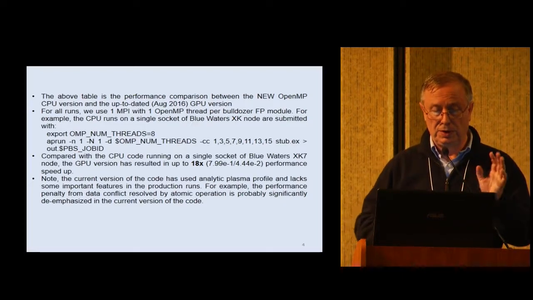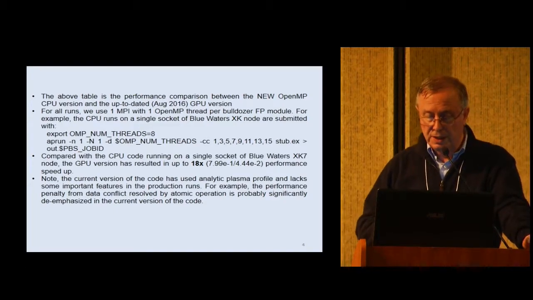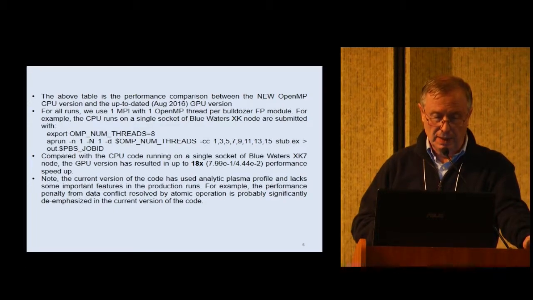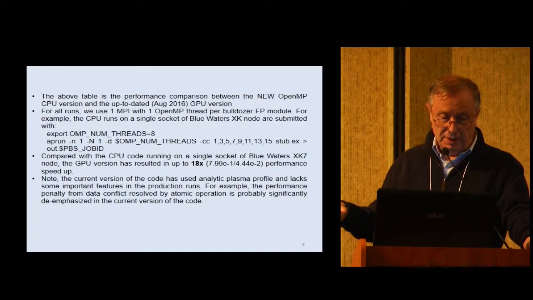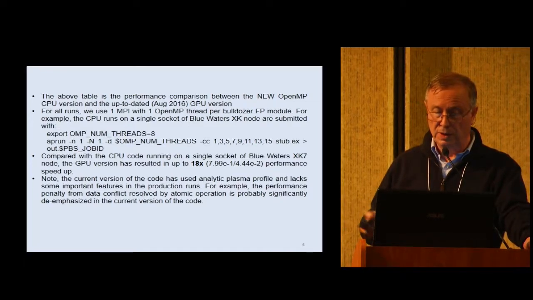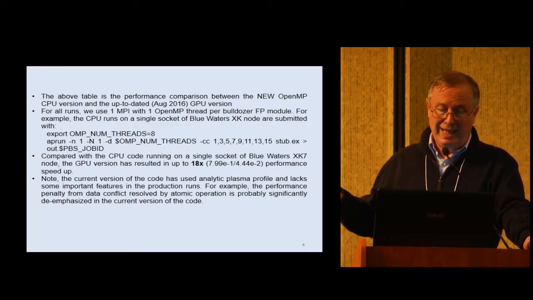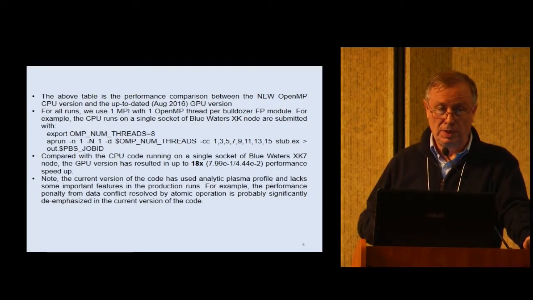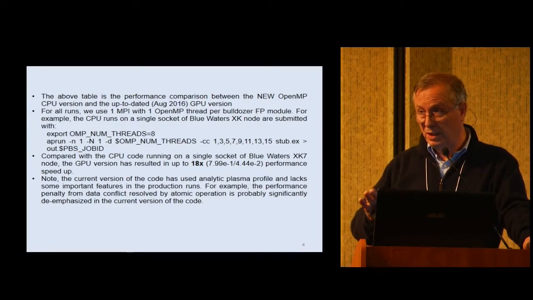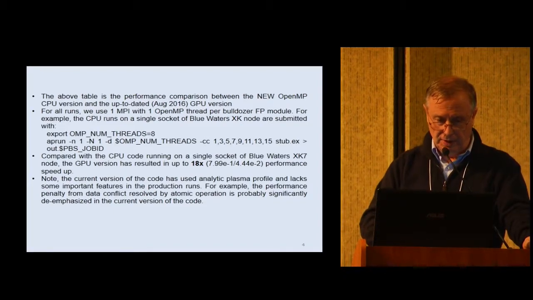This was not finished. It's work in progress. But anyway, on average, compared with the CPU code which runs on a single socket of Blue Waters' XK7, the GPU version gives us 18 times acceleration. If this remains after the additional changes which I promised we still need to do, we will of course be very happy about this result.